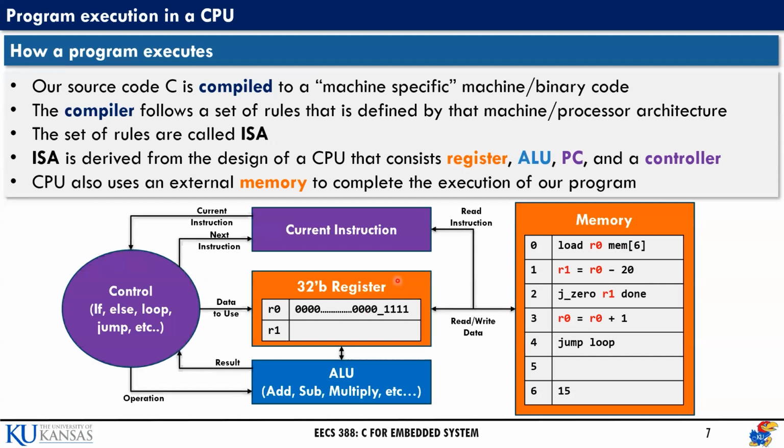As I already told you, the CPU has the register, ALU, program counter, and the controller. With all of these components, the CPU can run your instructions one by one. Our CPU is, as we can see, connected to the memory to run each instruction from the memory.